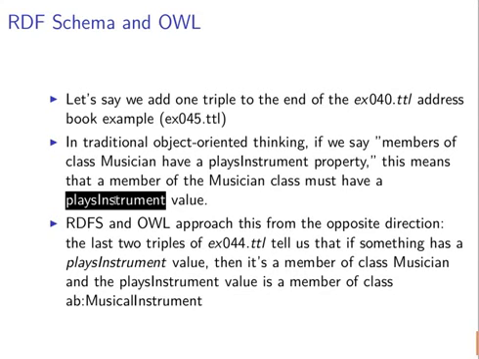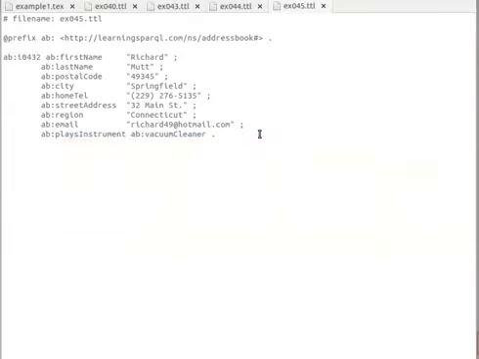In RDFS and OWL, in this idea of ontology design, the idea is the other way around. Let's have a look at the last two triples of example 44 to make it clearer.